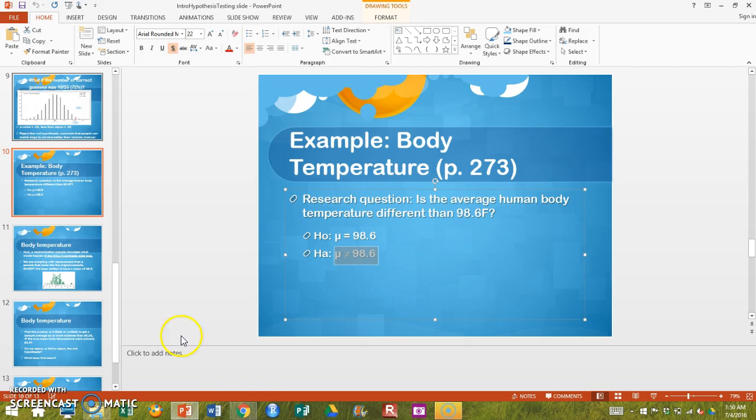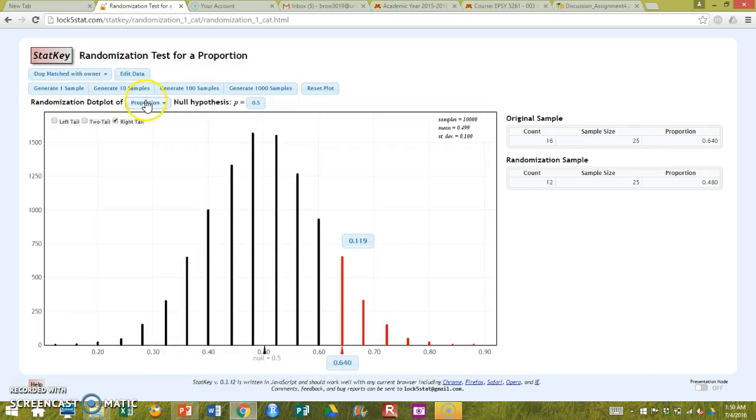Therefore, when you do your p-value, you're not going to click left or right, you're going to click two-tail.